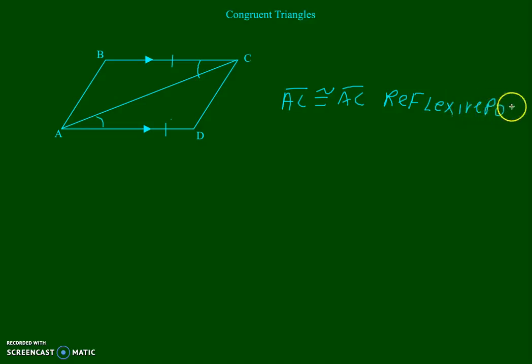Property of segment congruence. Now, since this is congruent to itself, we have side, angle, side. Always remember that you have to take the shortest distance between the elements. You can't say, for example, side, skip this angle, go to side, and then the angle.